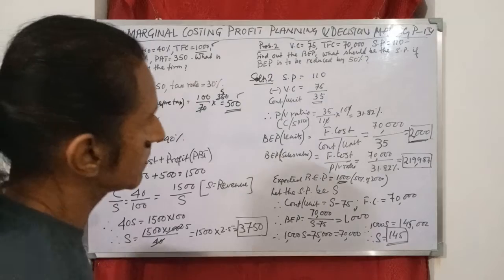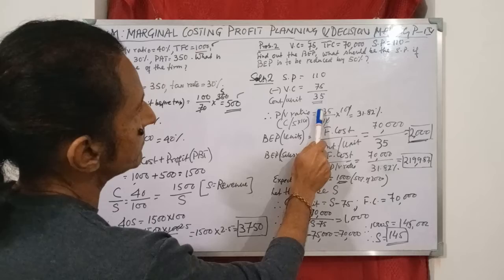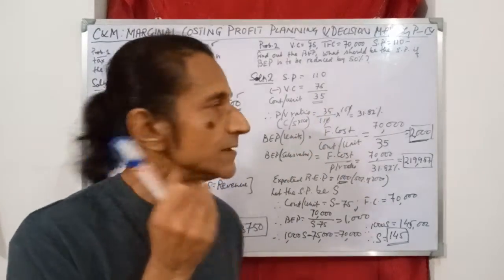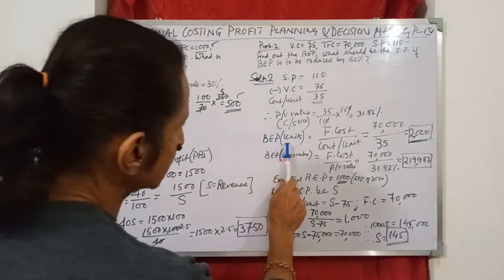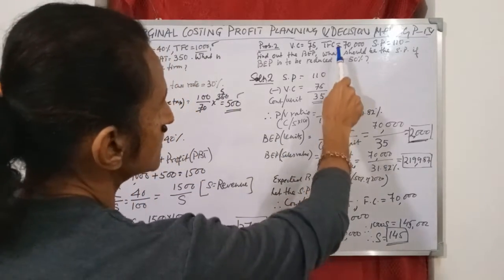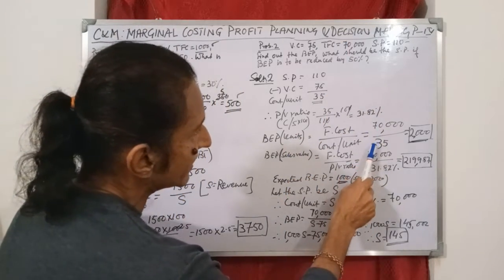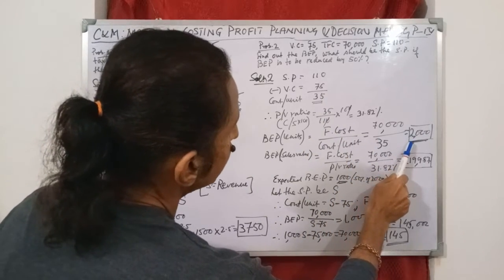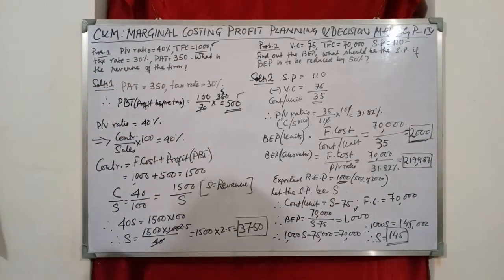So PV ratio is contribution by sales into 100, that is 35 divided by 110 into 100, that is 31.82%. Now BEP in units, the formula is fixed cost by contribution per unit. Fixed cost is 70,000, so BEP in units is 70,000 divided by 35. So the break-even point is 2000 units. That is, the firm must sell 2000 units to break even.